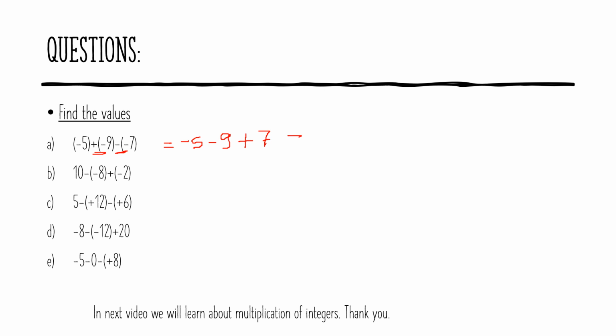Now we can try to find out the value. Let's go one by one. We can try to solve these two first. So it is minus 5 minus 9, which means you are coming down a staircase. You came down minus 5 steps. Again you are coming down the stairs, minus 9 steps. So in total you have come down 14 steps.